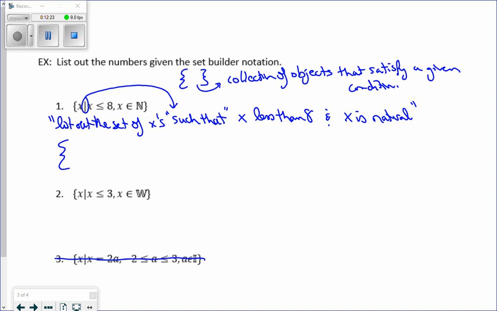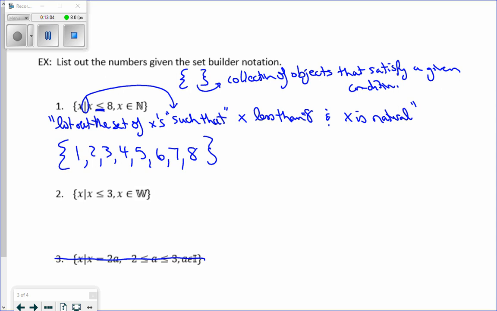Sorry, less than and equal to 8. So give me the natural numbers that are less than and equal to 8. Natural numbers are what and up? 1. So natural numbers are 1 and up. So we're going to go 1, 2, 3, 4, 5, 6, 7, and we include 8 because of that equal sign. So that is the set of that notation.